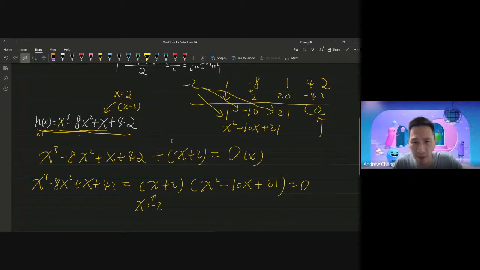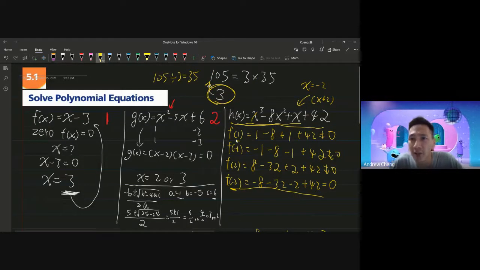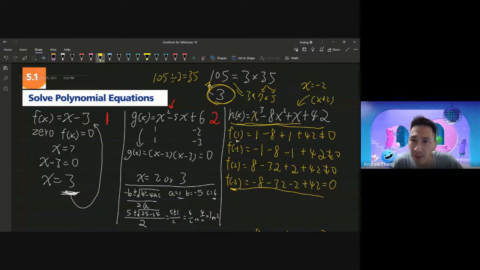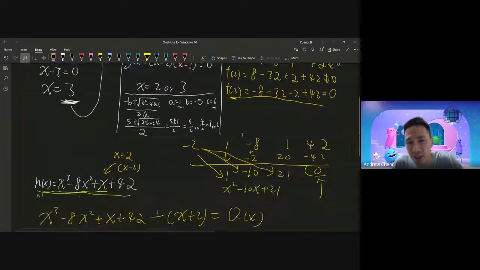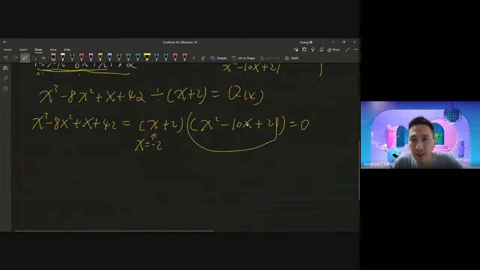And I cannot stop here, right? Just like here, after I got 35, I need to keep factorizing 35 into 7 times 5. So 105 equals 3 times 7 times 5. So I have to keep doing this for this part.